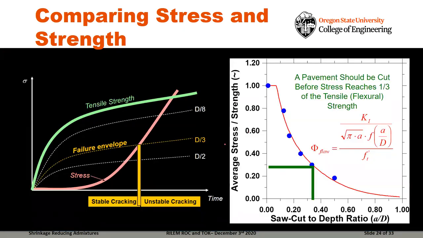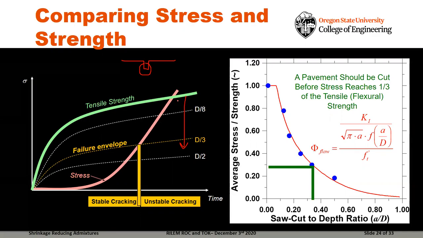Many times we're really worried about what happens when we have a sample that has either a tool joint or a saw cut joint inside of the system. We have to take into consideration the stress intensity factor due to this saw cut. So we use nonlinear fracture mechanics, again, another area where RILEM's really been a leader, to calculate how much you would reduce the strength of the section by how deep the saw cut is inside of the sample.